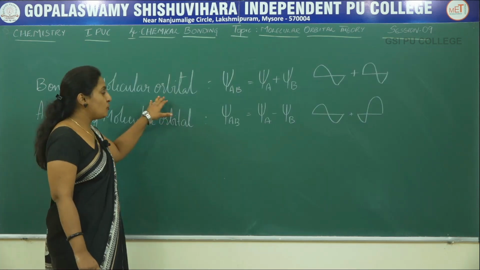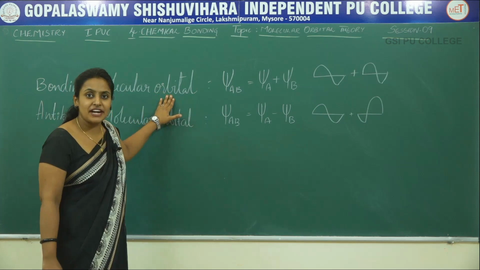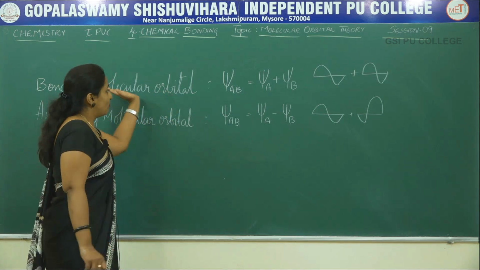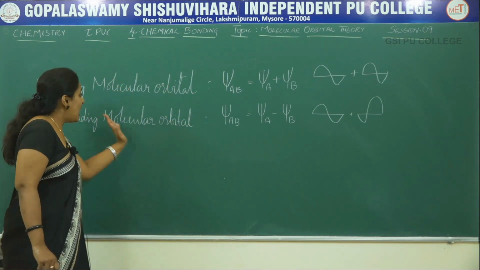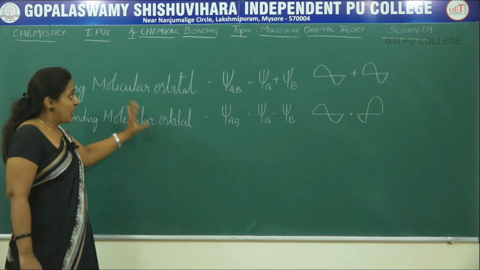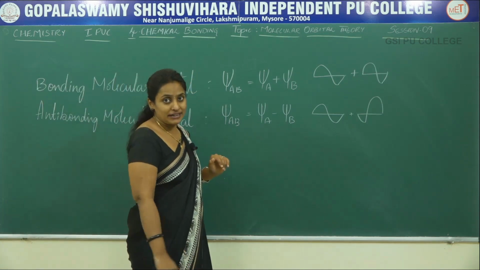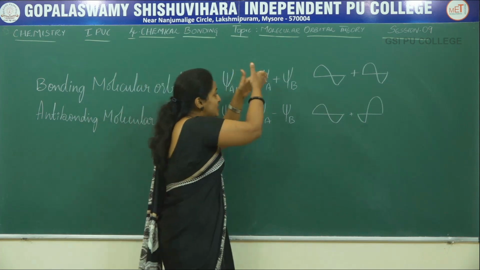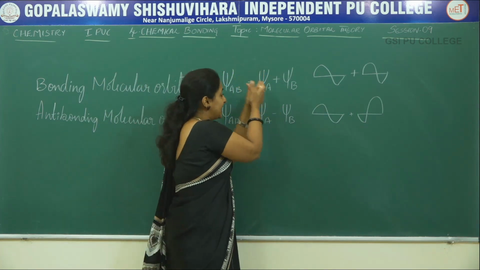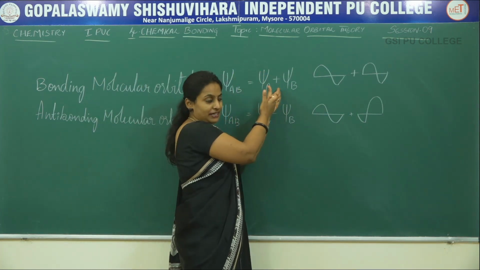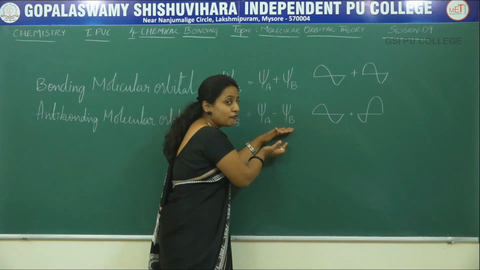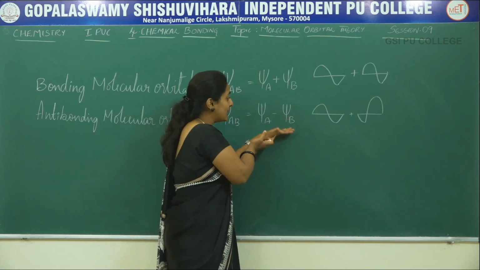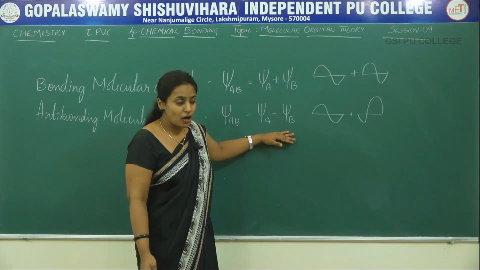So, based on wave mechanics, we classify the molecular orbitals into bonding molecular orbital and anti-bonding molecular orbital. How has this bonding molecular orbital been formed? By the addition of two wave functions, we get the bonding molecular orbital, whereas by the subtraction of two wave functions, we get the anti-bonding molecular orbital.